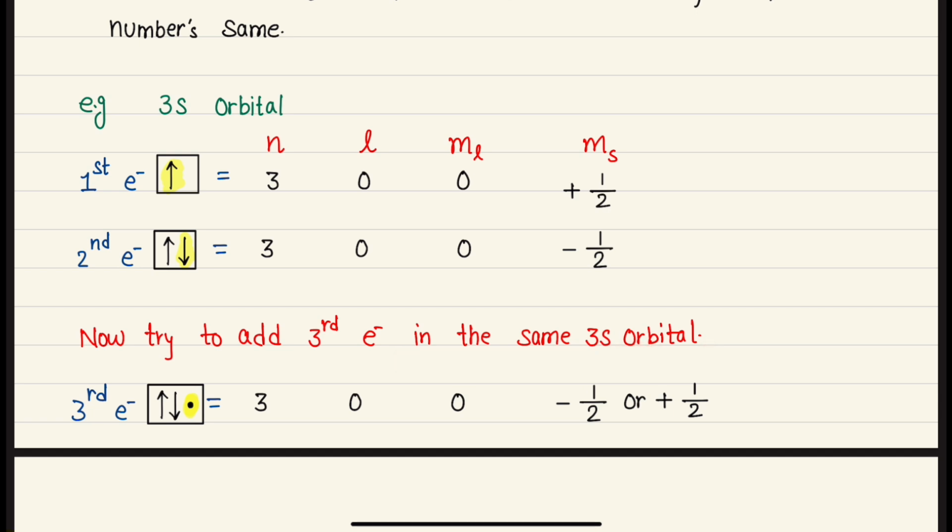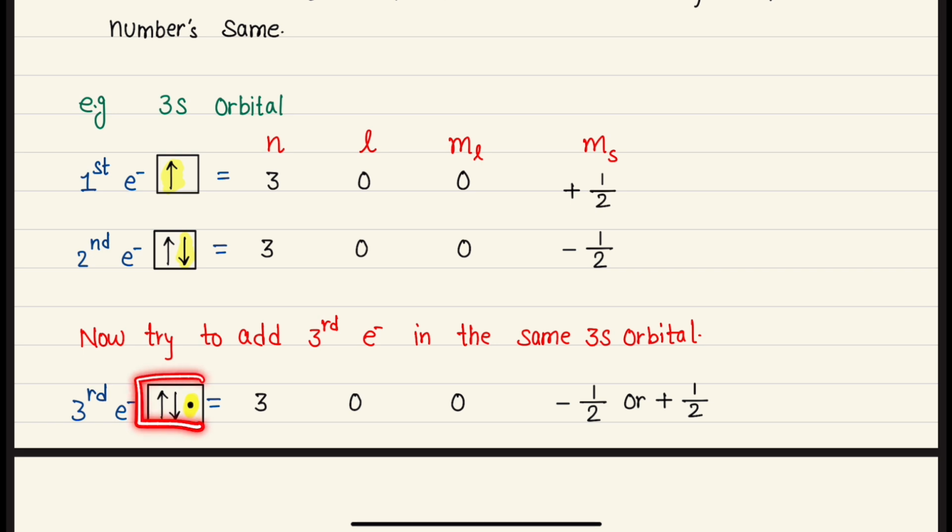But we know that we cannot fill more than 2 electrons in an atomic orbital, but I am trying to fill the third electron to see what will happen. So now suppose I fill the third electron in the same atomic orbital, in the 3s, and I am showing this electron by a dot, okay, understood, and this is your third electron, right?